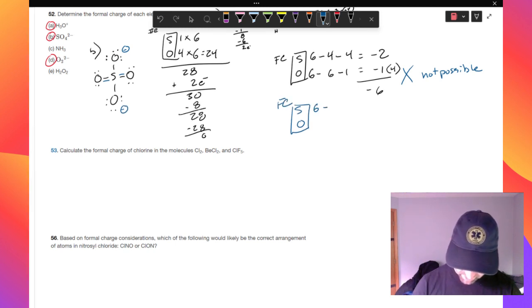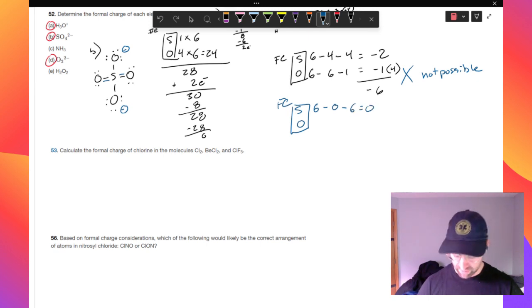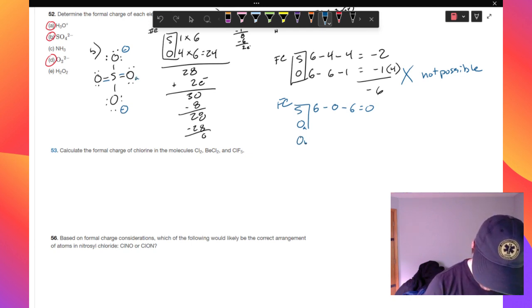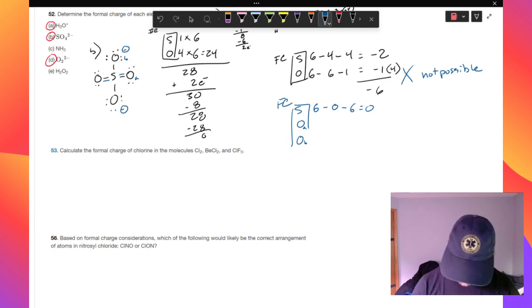We have 6 minus 0 minus 2, 4. Sorry, 1, 2, 3, 4, 5, 6 bonds equals 0. So sulfur's resolved. We have two different oxygens, A and B. Oxygen A has 4 lone electrons around it and 2 bonds, gives us a formal charge of 0.